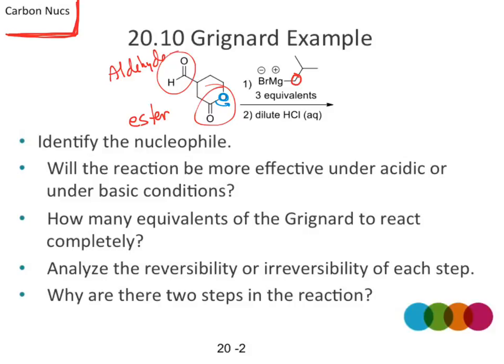Add it all at once. Is that an acidic reaction or a basic reaction if we add it all at once? Neutral, because the acid reacts with the base. Do we have a nucleophile if the acid reacts with our base? Nope. So why are there two steps? We need to make sure that that acid-base reaction doesn't occur, that we do our nucleophile-electrophile reaction first.